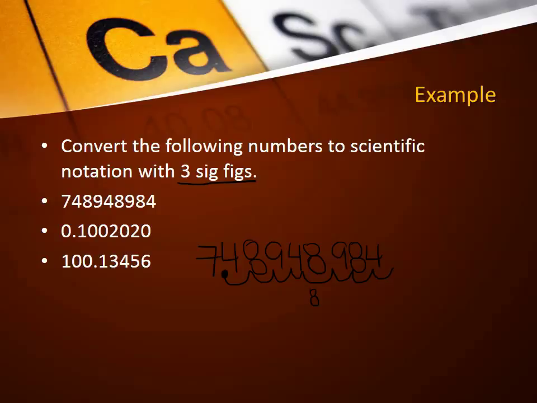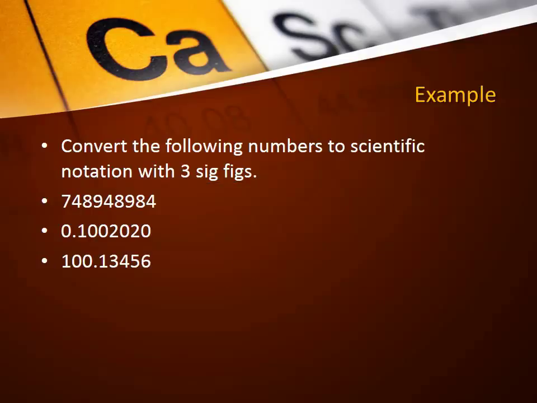We moved our decimal to the left, which means this is going to be positive 8. And 3 sig figs will be right here. All these don't matter to us. This will round up to a 9, and we get 7.49 times 10 to the 8th.